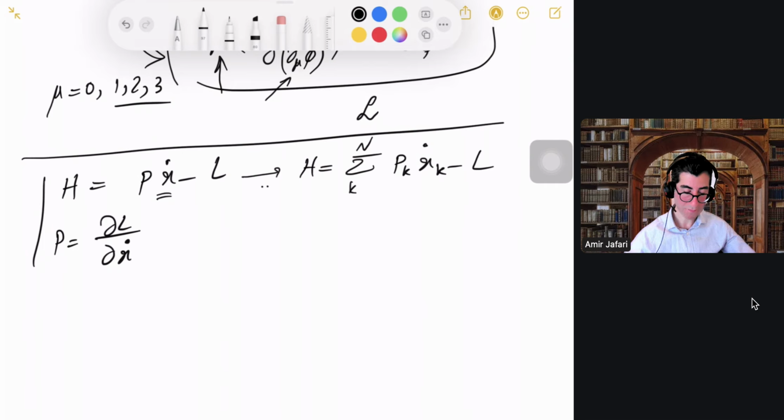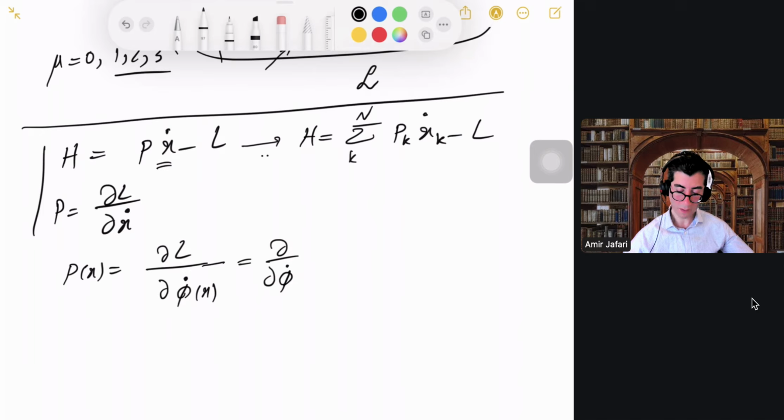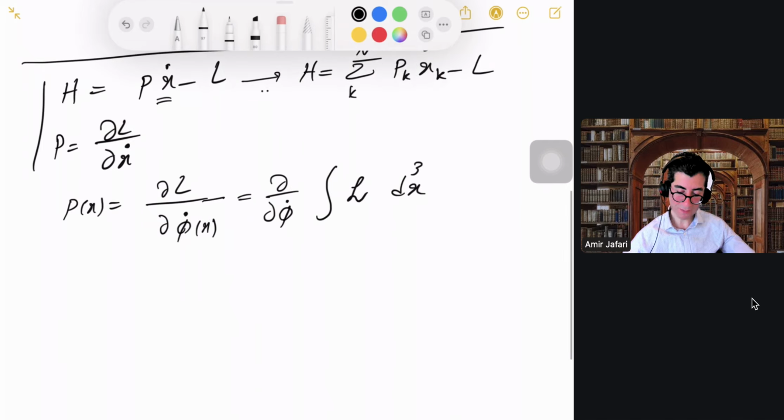In our case, instead of x, we have the field phi, which is a function of position x, remember. And the derivative with respect to φ dot of the Lagrangian, we said, is the integral of the Lagrangian density. I should put x here. This is kind of a summation, right?